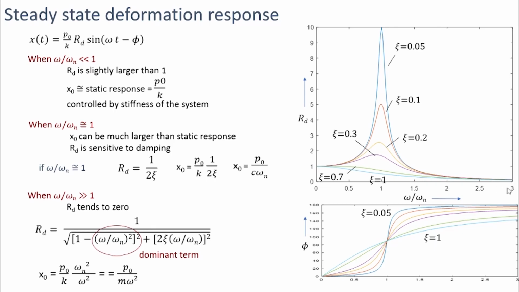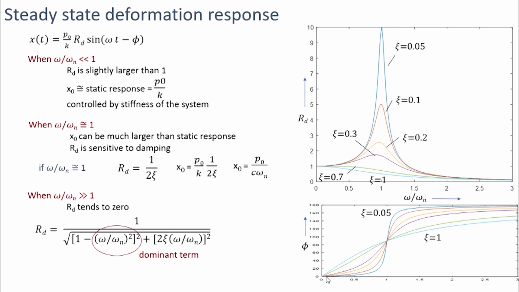And this is how the phase angle varies with damping. We have noticed that when the damping is 0, that is for an undamped system, the phase angle was 0 when the frequency ratio was less than 1, and it was equal to 180 when the frequency ratio was higher than 1. So when there is some damping present in the system, the nature of this phase angle also changes.